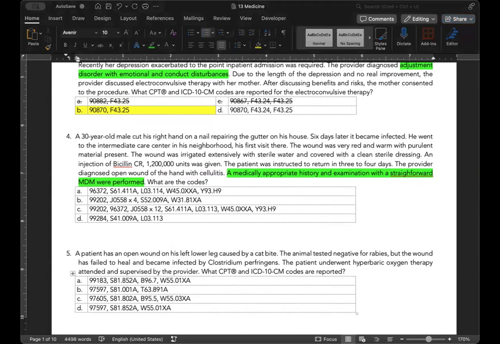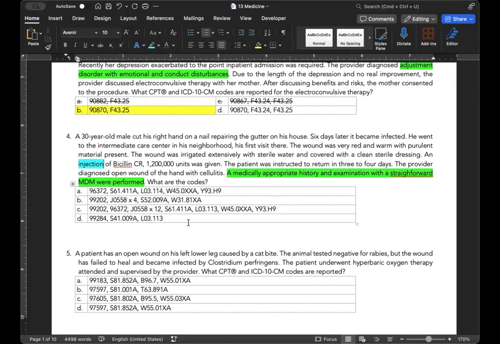So from a medicine perspective, the procedure that we're going to report with a medicine code is going to be the injection itself of that Bacillin CR. So that's going to be something that's found in our medicine code, just reporting the administration of whatever the injection is.